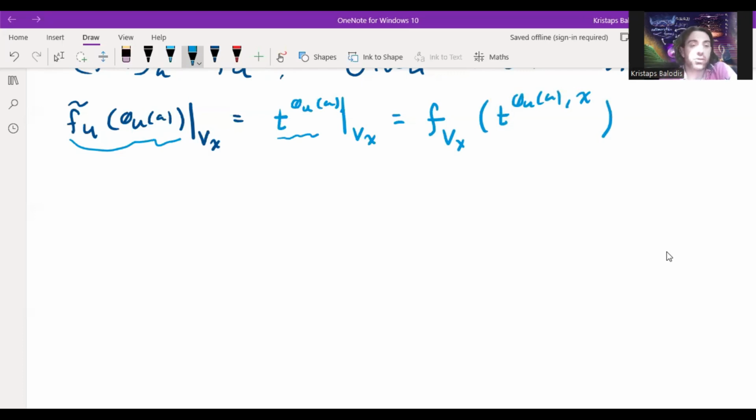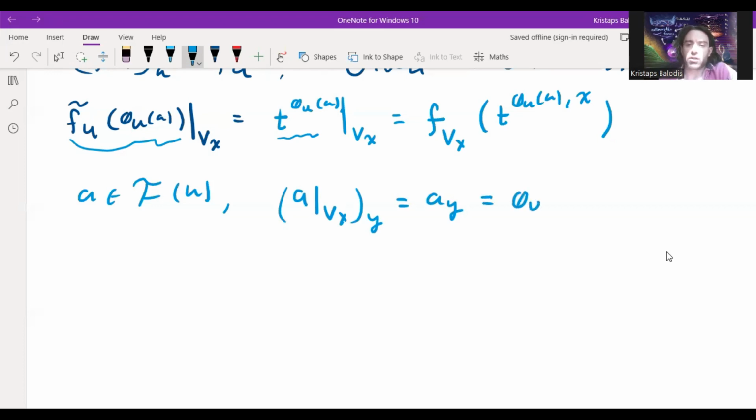But remember that we're starting with some a that is in f of u. So in particular, when we're choosing these, note that a restricted to Vx, if you took its stalk at any y, that's just the germ of a at y, and that is theta u a evaluated at y.